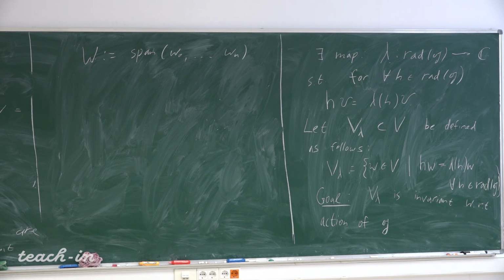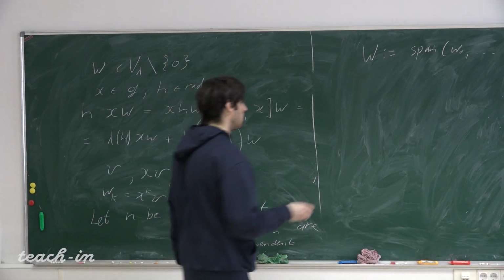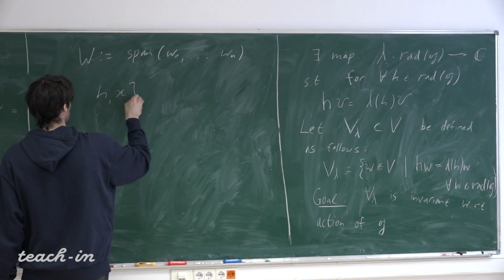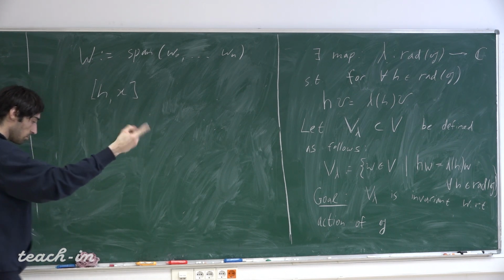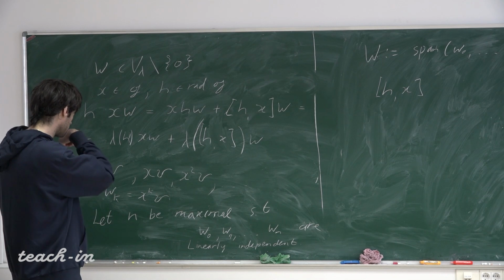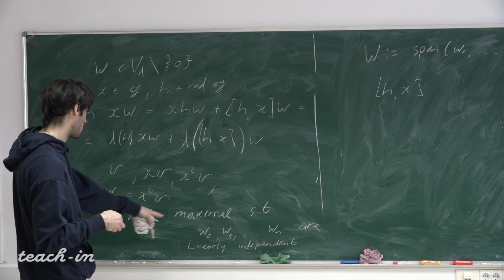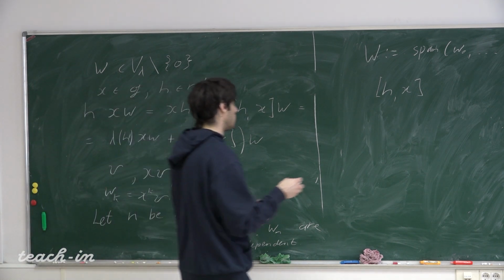So if I take the commutator of H and X, I consider the image of this in W, like W is invariant with respect to this, just because of how we constructed it.